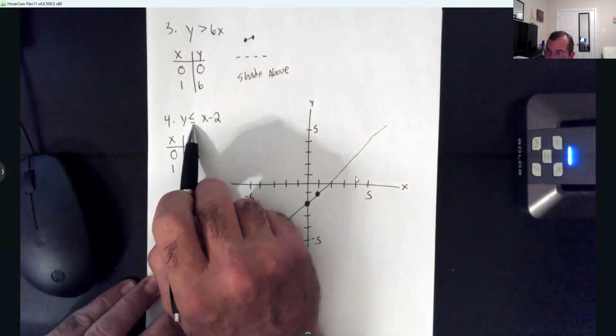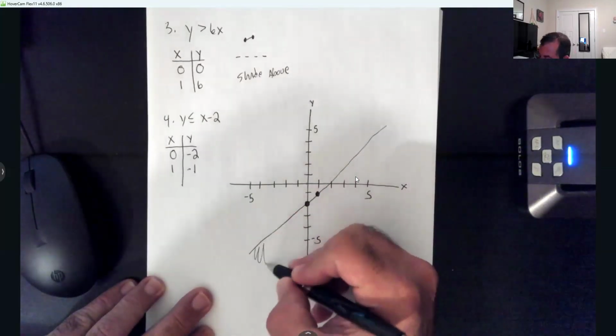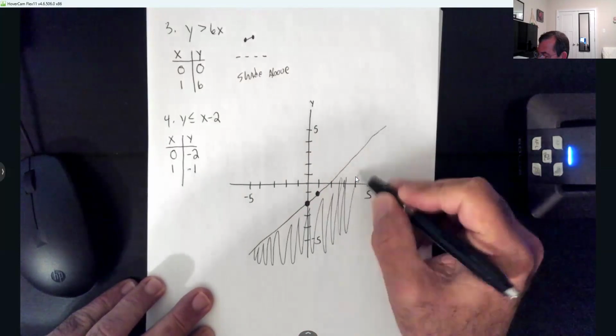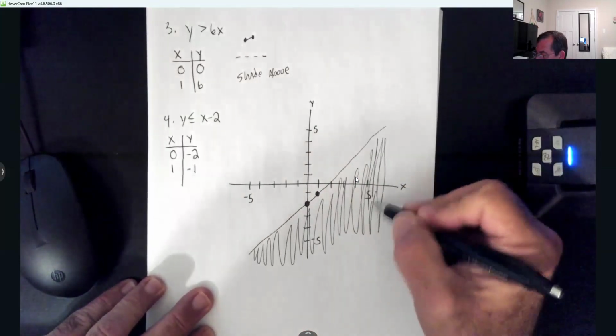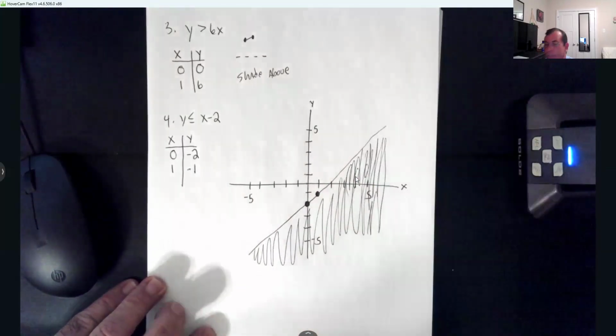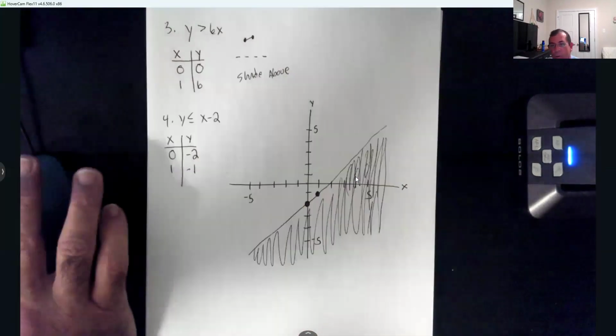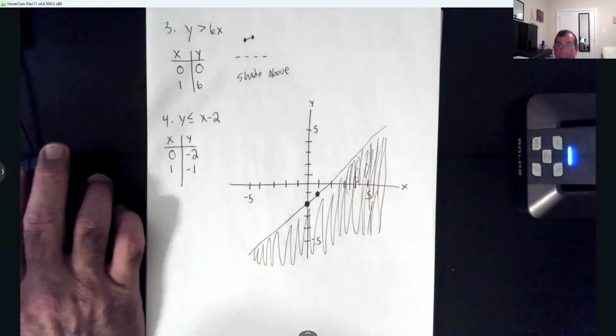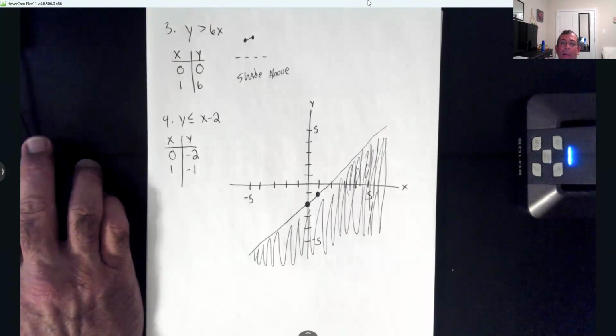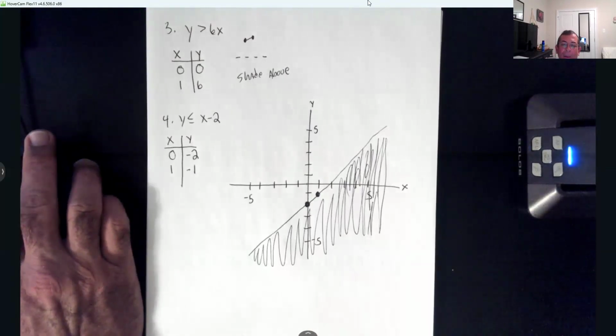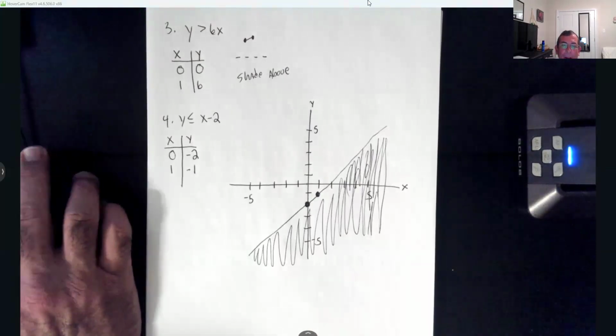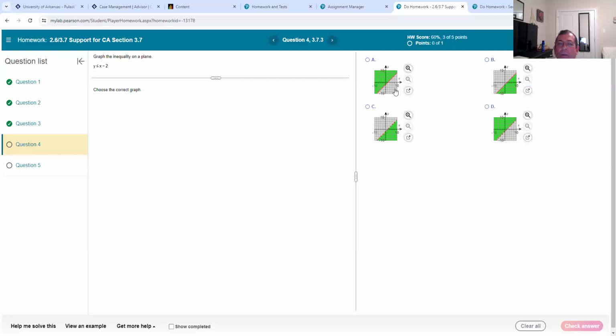It's less than, so we're going to shade below the line. Okay, so we know it's going to be shaded below a solid line on that one, okay? And y'all, if you look, the one that's shaded below a solid line would be B on that one, okay?